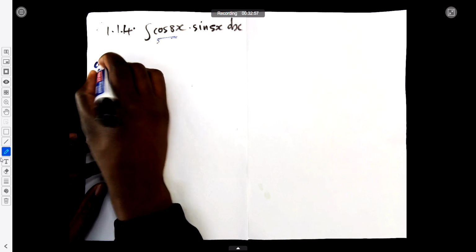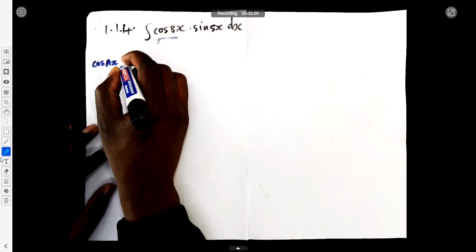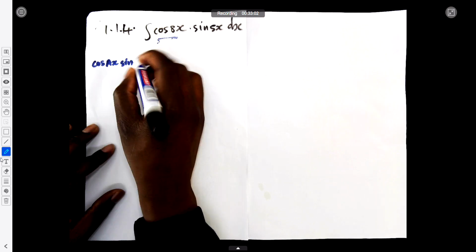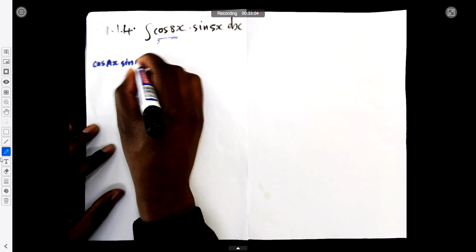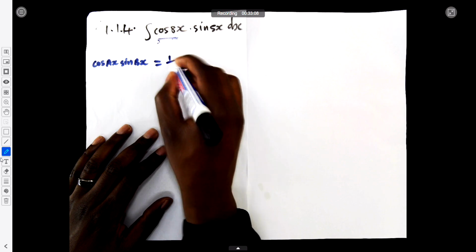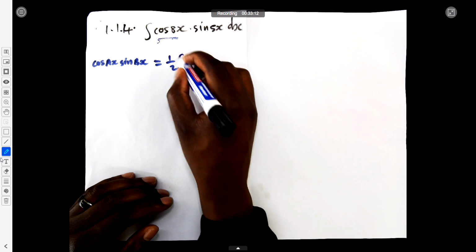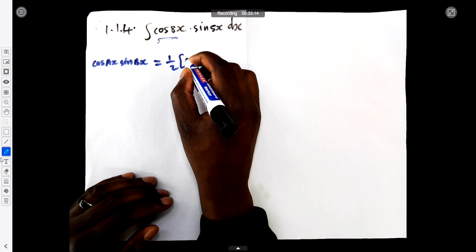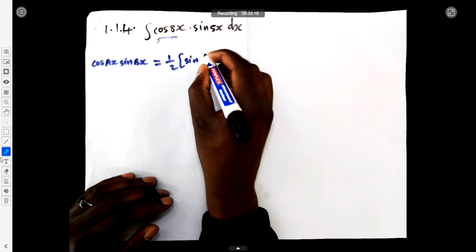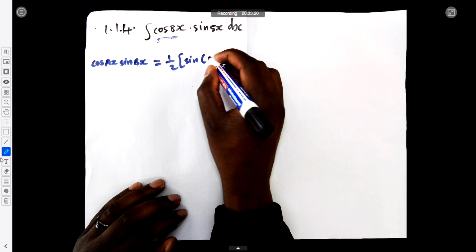If let's say we have cos ax sine bx, the solution for that must be half. If we started with cosine and then multiply by sine, it must be sine.